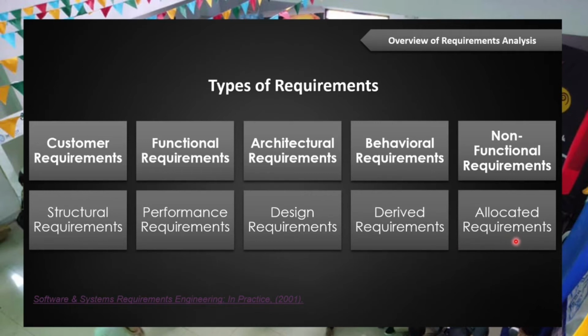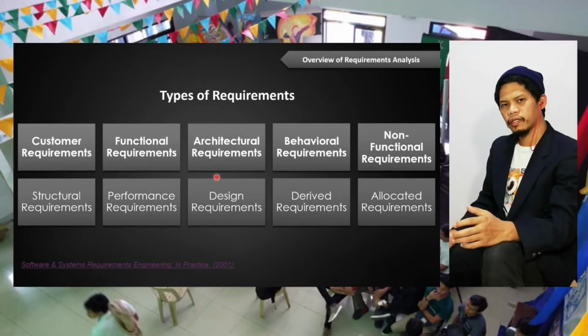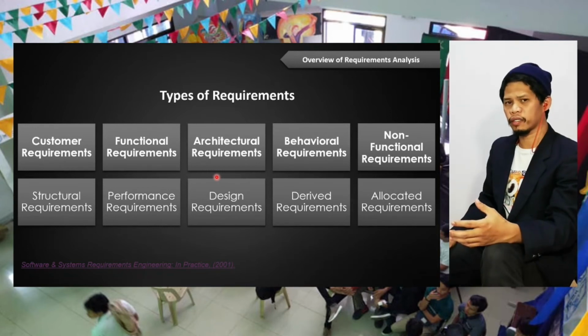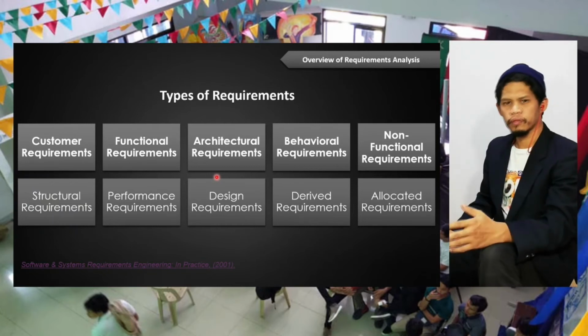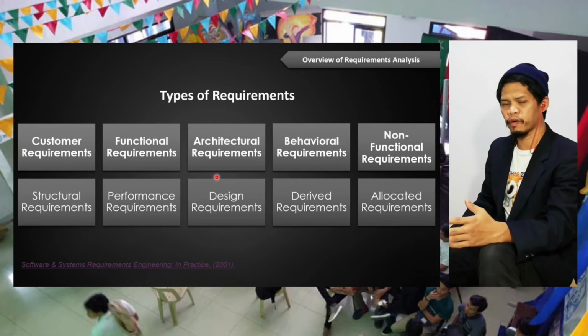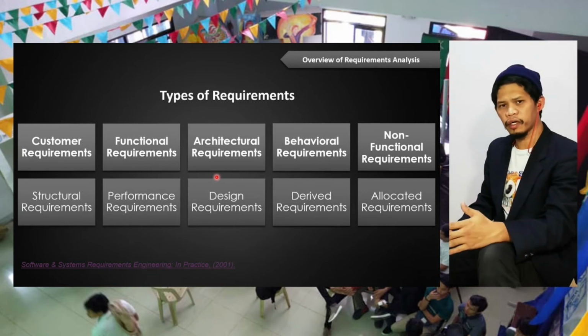Allocated requirements are requirements that are sliced from high-level requirements to a set of low-level requirements. In the next lecture, I will talk in more detail about these types of software requirements and other requirements. For now, it's important that you understand the transformation of the requirements from other requirements and their relationship to each other.